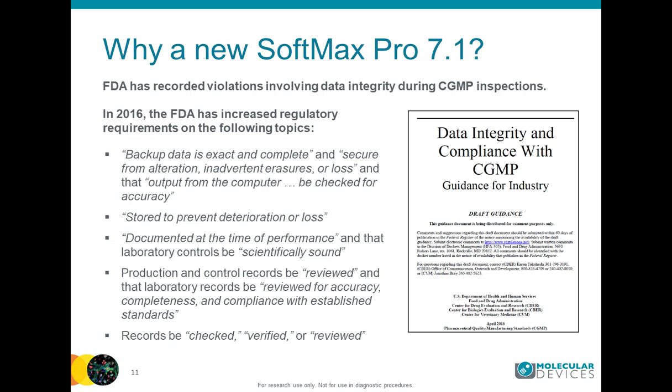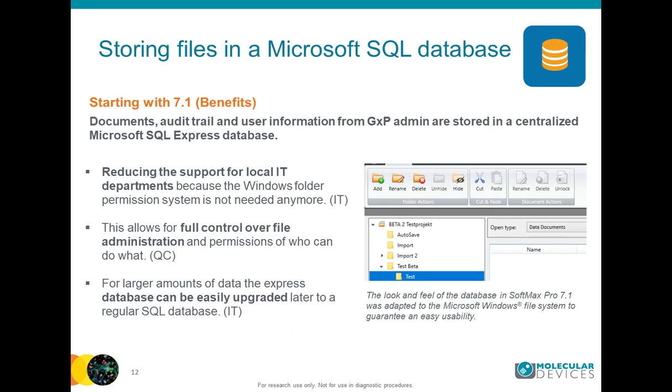And the records should be reviewed for accuracy, completeness, and compliance with the established standards. And finally, they should be checked, verified, and reviewed. This is a very elaborate guideline, and I'm not going to explain every detail. What I'm explaining the rest of the presentation is how the individual requests from this guideline are addressed in SoftMax Pro 7.1.